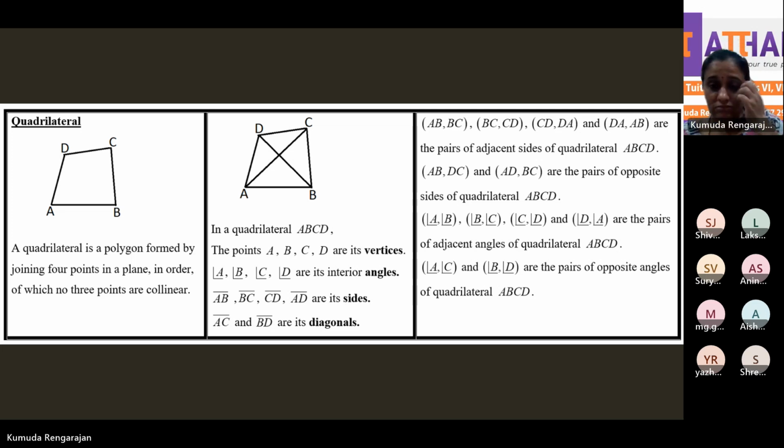Lakshana? Ma'am, I can't see anything. What about Shreya? Me neither, ma'am. Surya? I can change slides. You're able to change the slides, right? Yeah, I'm able to. See, there are some who are able to see.